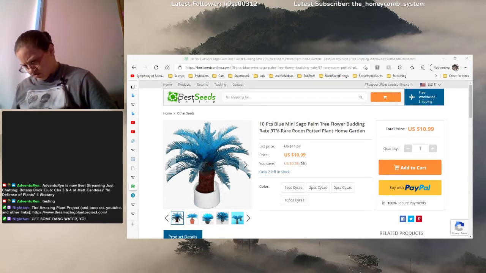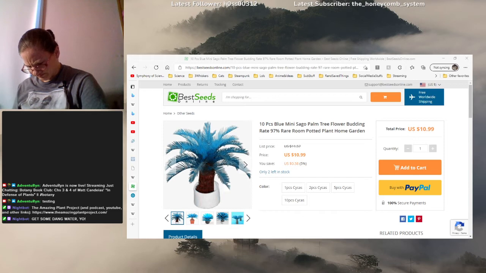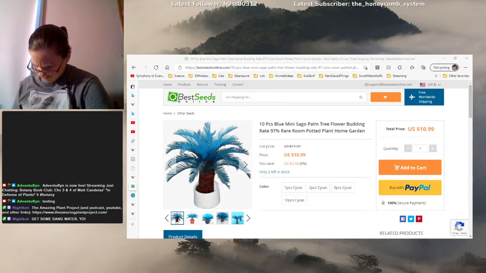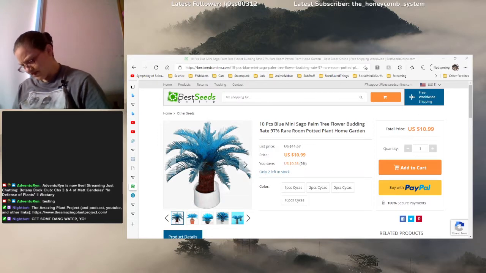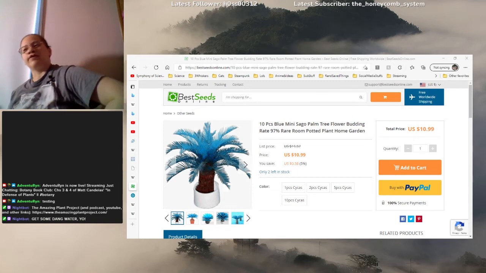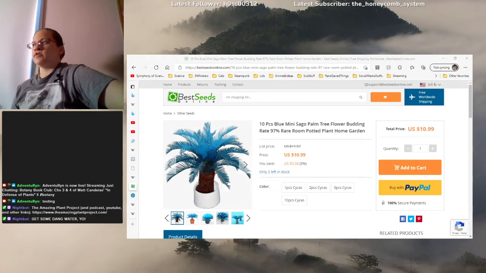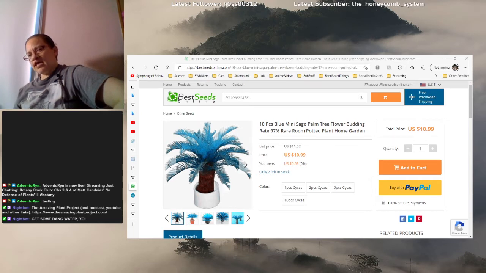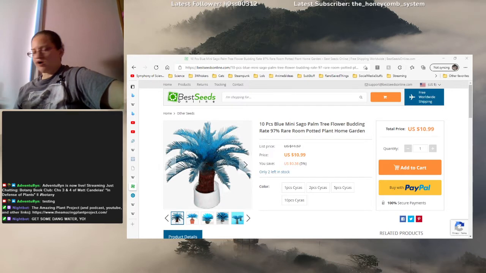Basically, I looked up the sago palm because it was mentioned in conjunction with cycads and their interesting reproductive strategies.